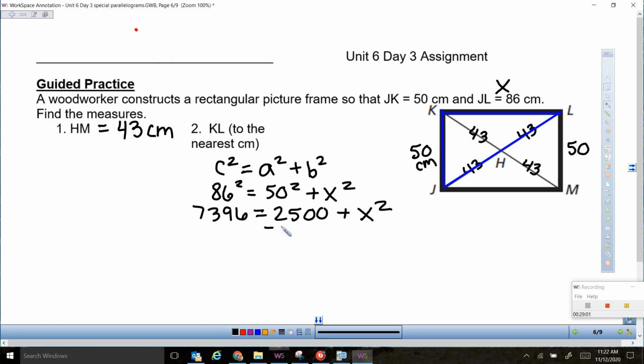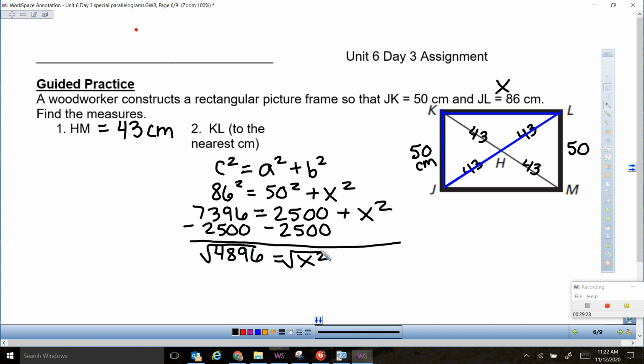Subtract the 2,500 from both sides. What is 7,396 minus 2,500? 4,896 equals X squared. The opposite of squaring? Square root it.